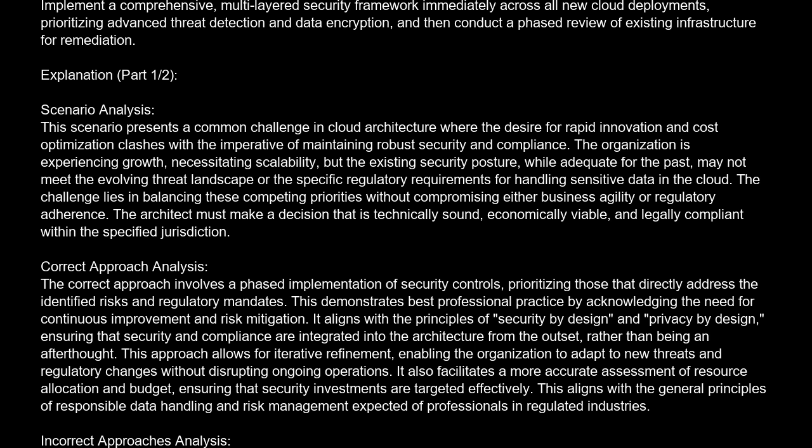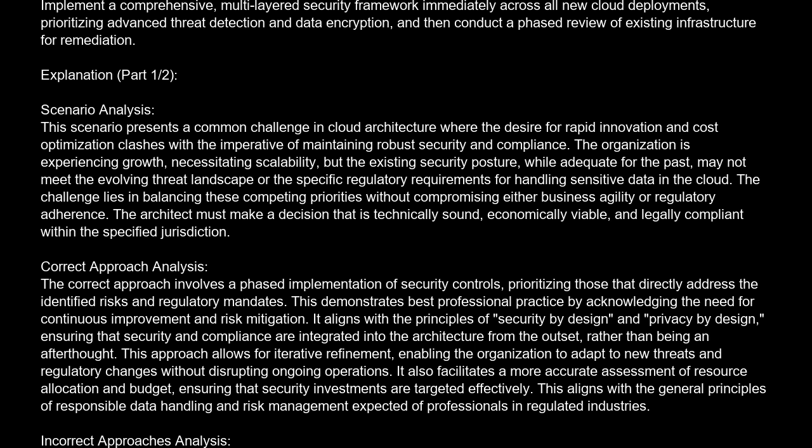Correct approach analysis. The correct approach involves a phased implementation of security controls, prioritizing those that directly address the identified risks and regulatory mandates. This demonstrates best professional practice by acknowledging the need for continuous improvement and risk mitigation. It aligns with the principles of security by design and privacy by design, ensuring that security and compliance are integrated into the architecture from the outset, rather than being an afterthought.